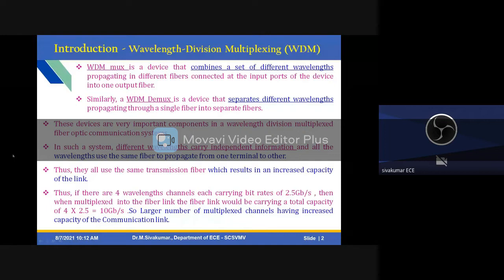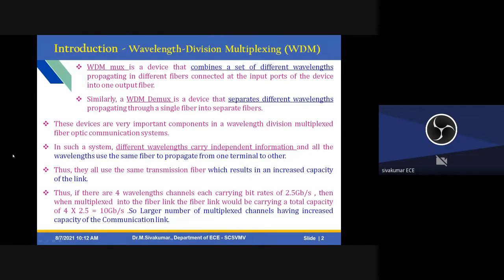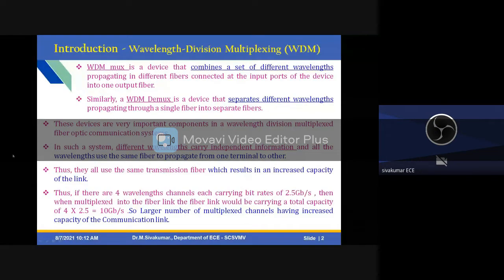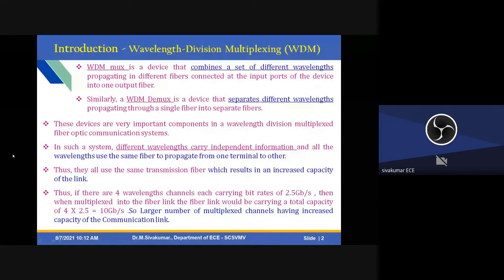Okay, so you get transmission over the same fiber, which results in an increased capacity of the fiber optic link. For example, if there are four wavelength channels, each carrying a bit rate of 2.5 Gb per second, then when multiplexed into the fiber link, the fiber link would be carrying a total capacity of, because four wavelength channels are there, each having a bit rate of 2.5, not the product, but the sum of the four channel bit rates.